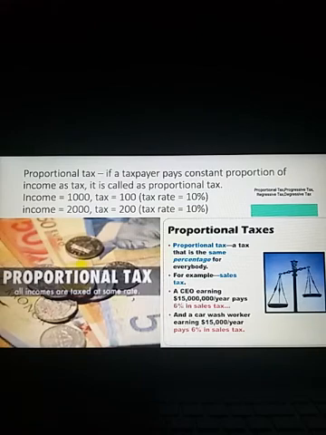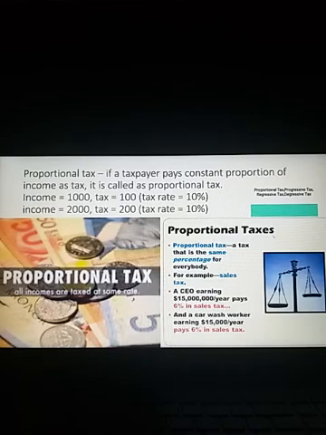A CEO earning a huge amount of money will also pay the same percent, 6% of his total income as sales tax. Even a car wash worker who gets a nominal amount of money per year also pays 6%. That means whatever may be the income, the rate of taxation will never change. That you call proportional.